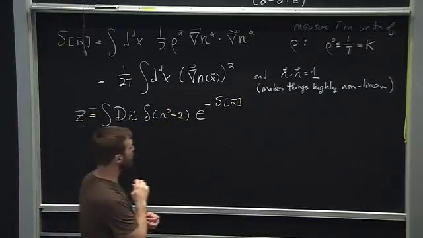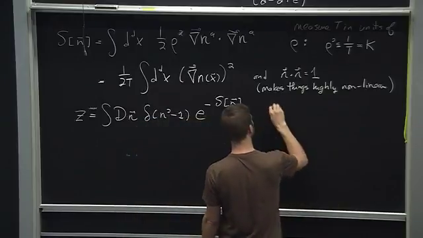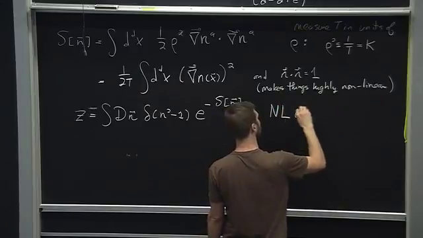And that's called a nonlinear sigma model, because you'll see how nonlinear it is.